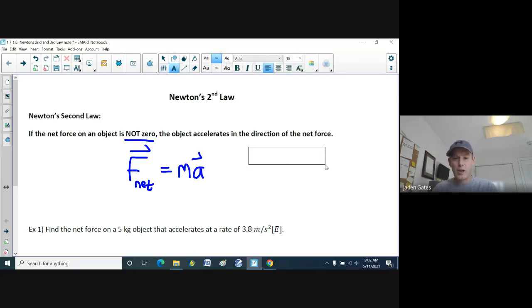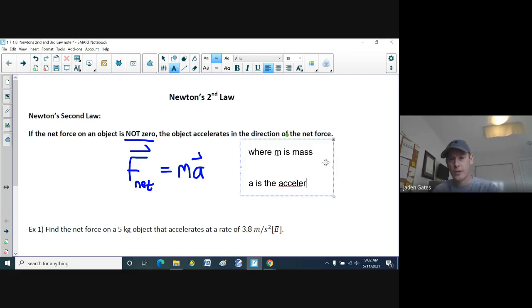So again, it matters what size you've got, where m is mass and a is the acceleration. So it tells you how much it changes the speed of the object we're talking about.